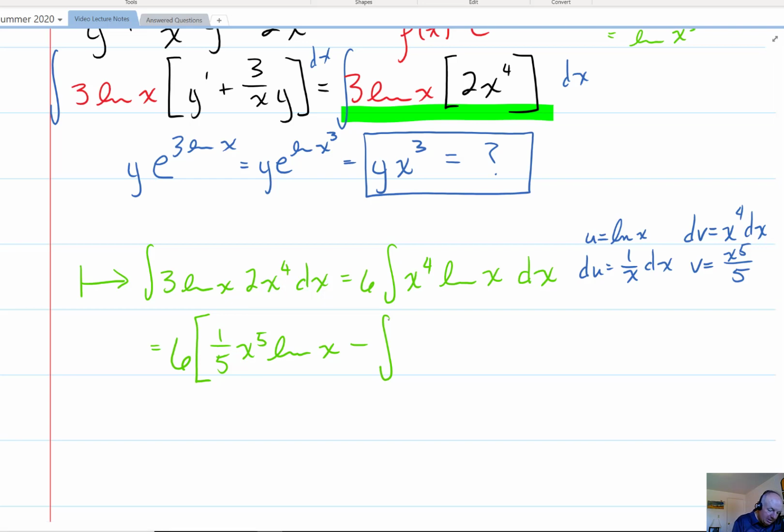So the integral of v du is going to be, we'll write it here. Let's go 1 over x, there's du, x to the 5th over 5 dx, right?